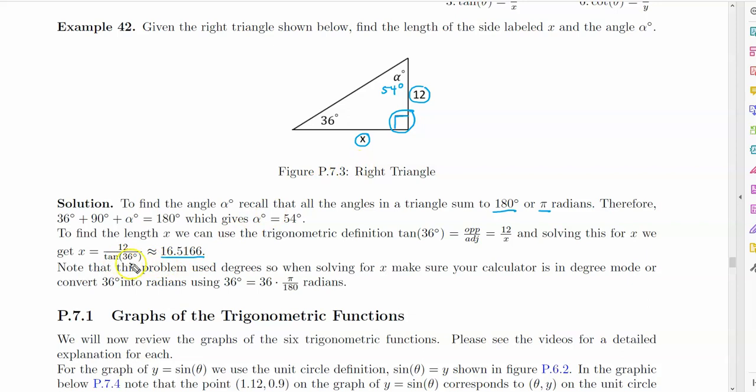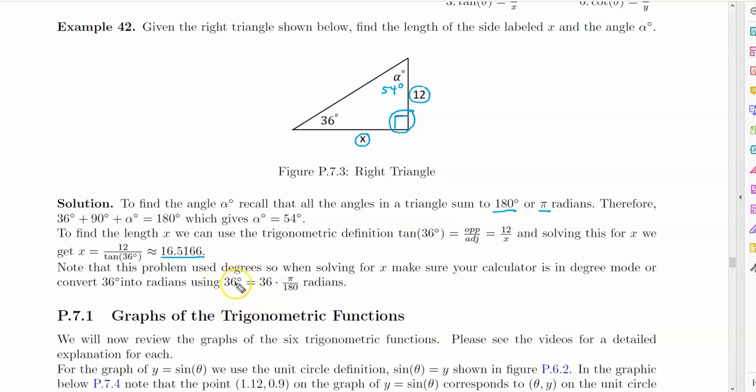Now keep in mind when you're evaluating this on your calculator, make sure that your calculator is in degree mode. You could also convert 36 degrees into radians if you wanted to, and then use radian mode on your calculator.